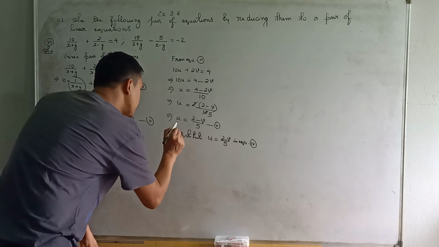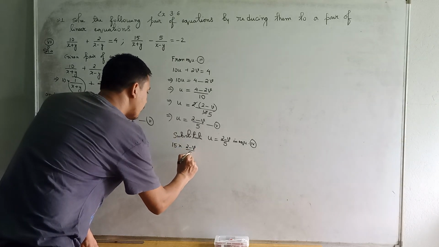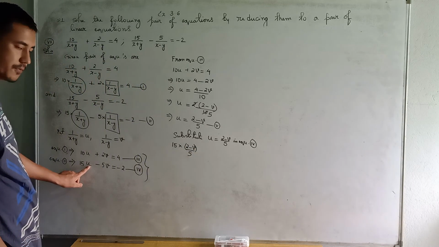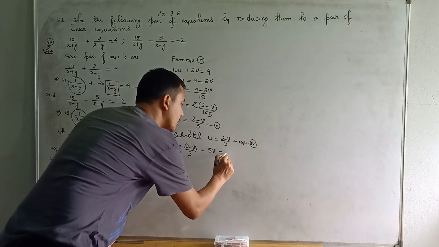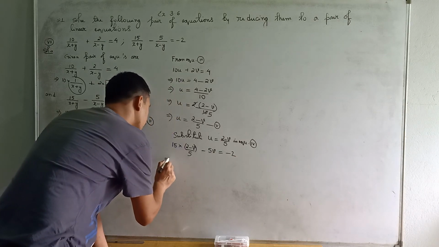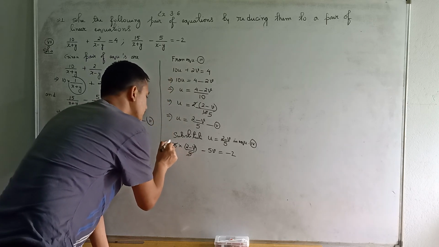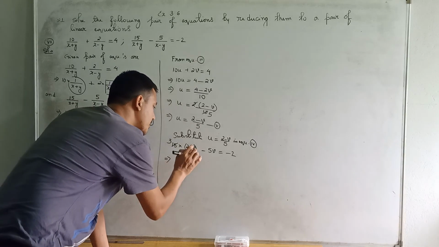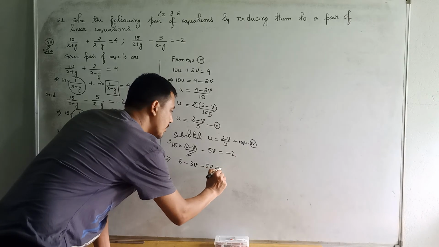So 15 times u, your u is 2 minus v upon 5, minus 5v is equal to minus 2. 5 threes are 15. 3 times 2 is 6. Minus 3 times v is 3v. Minus 5v is equal to minus 2.